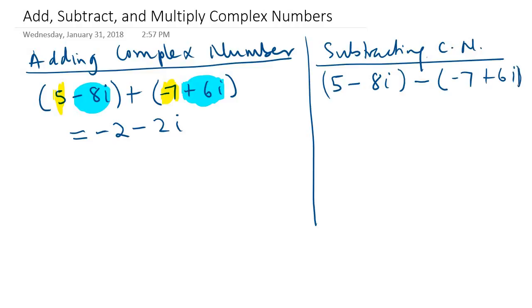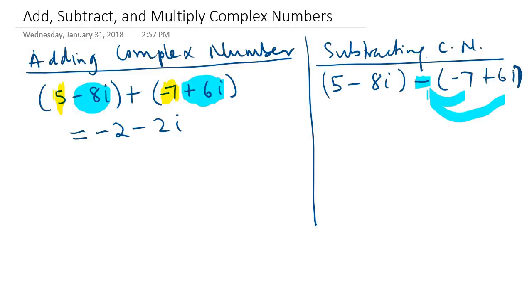I always suggest, I prefer to rewrite as addition. So I'm going to distribute the negative on the outside. I want to make it go inside to every single number, and then combine all the real part with the real part. So let's do it.